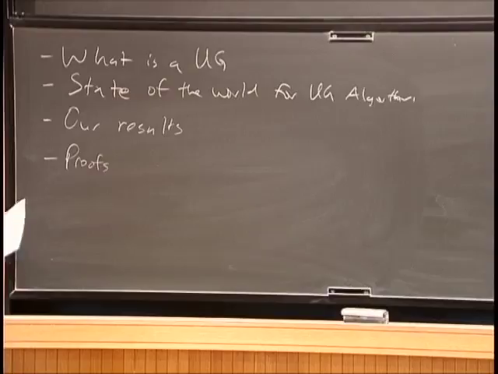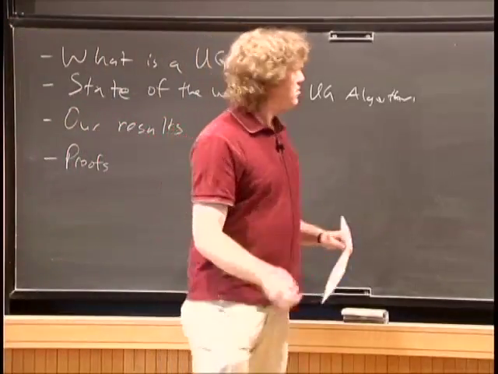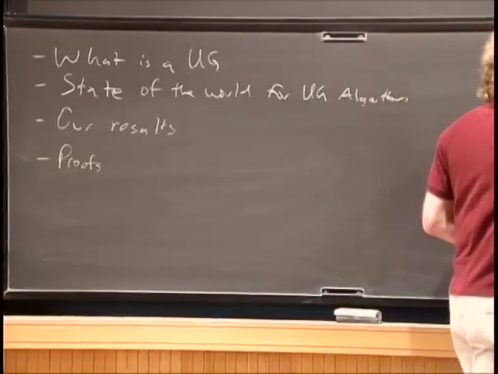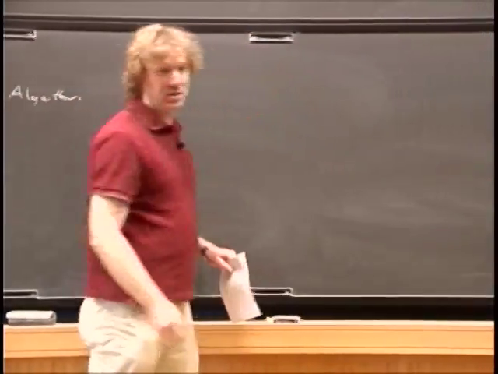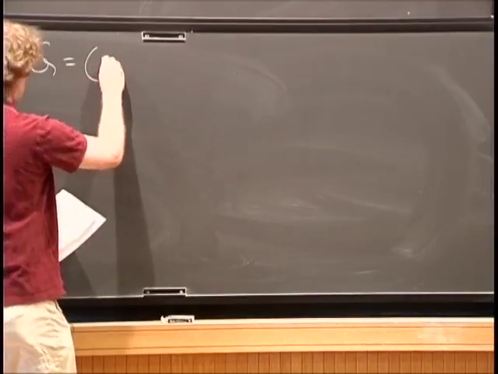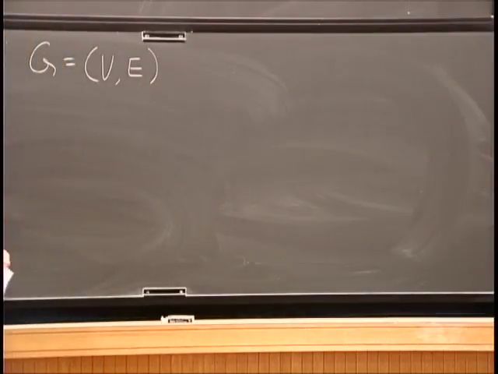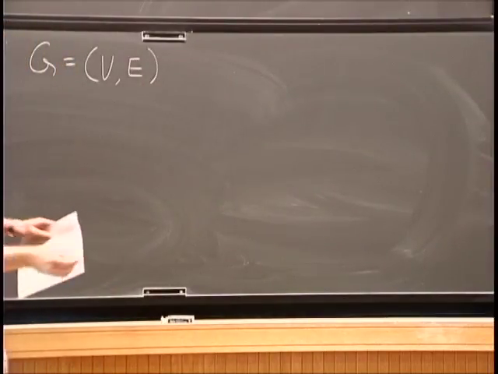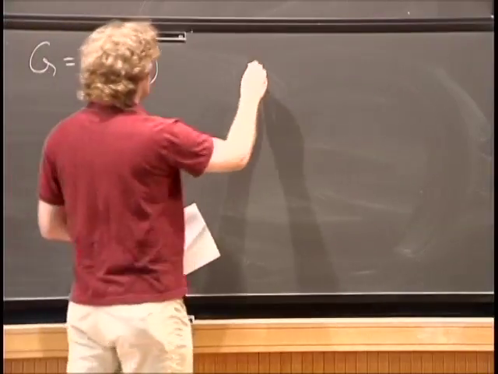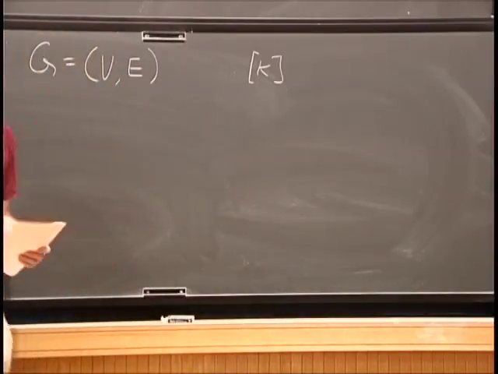So, first point, what is a unique game? A unique game, you could think of it as a type of constraint satisfaction problem on a graph. So you have a graph, and you want to assign a label to each vertex, and the labels come from a set of size k, and we'll just think of them as being numbers 1 through k.